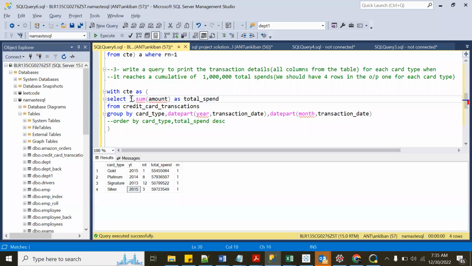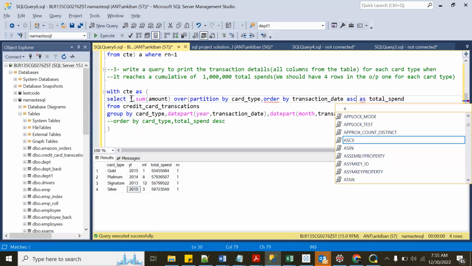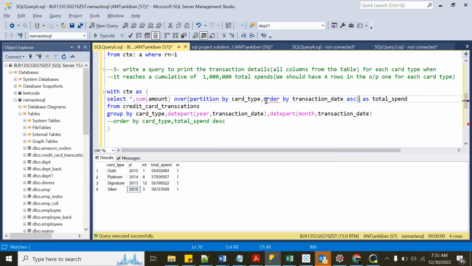Okay, and then sum of amount over partition by card type order by transaction date. Ascending, by default it is ascending, so it is fine.